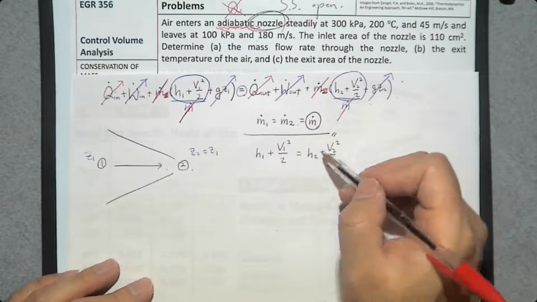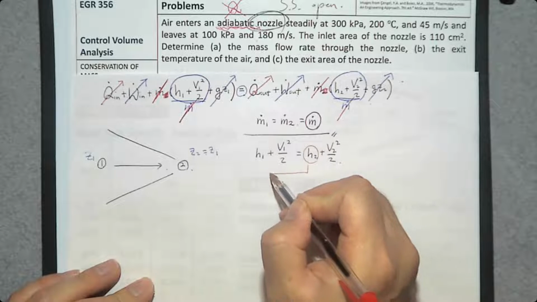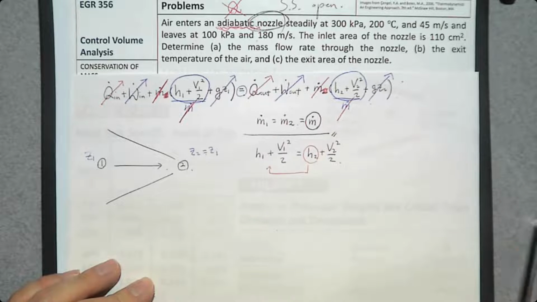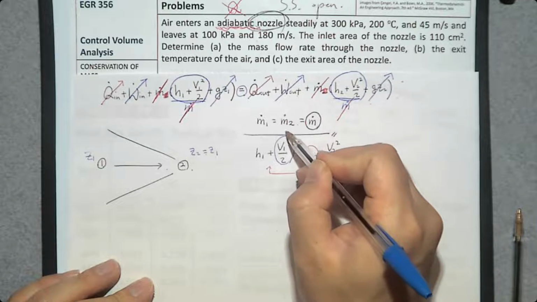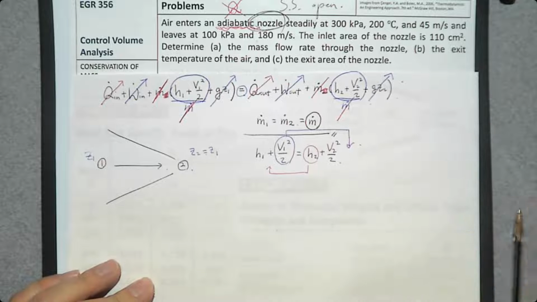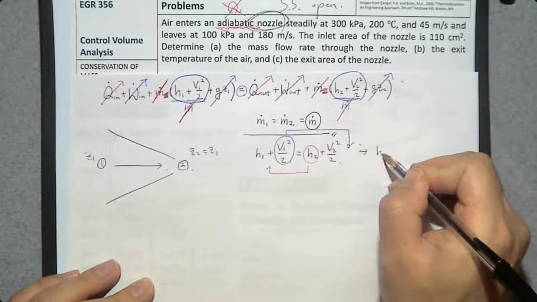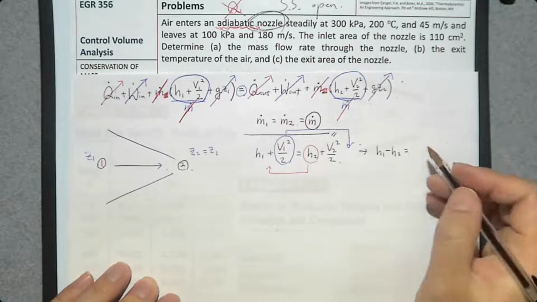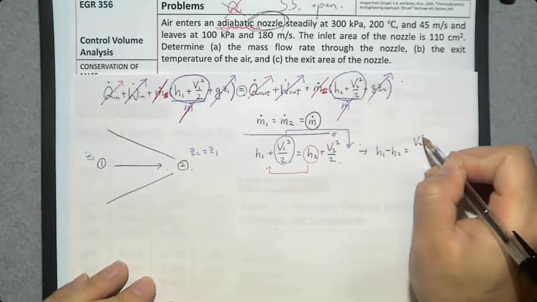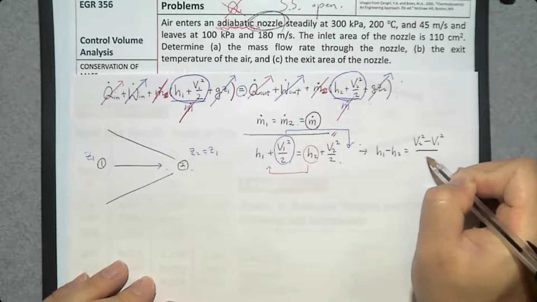We can move specific enthalpy to the left-hand side. We can move kinetic energy to the right-hand side. Then we have h1 minus h2 is velocity 2 squared minus velocity 1 squared divided by 2.